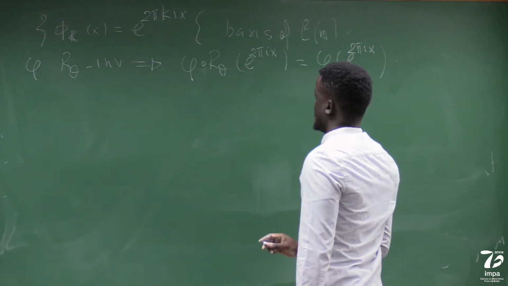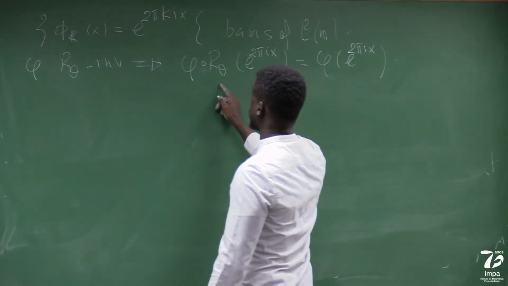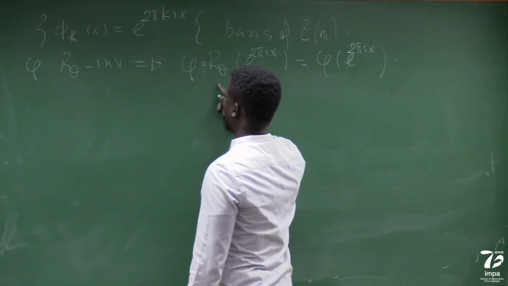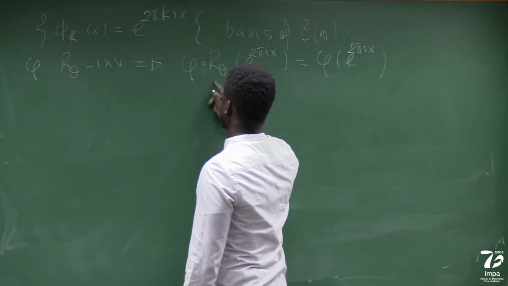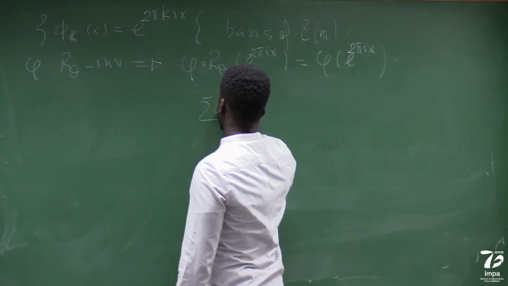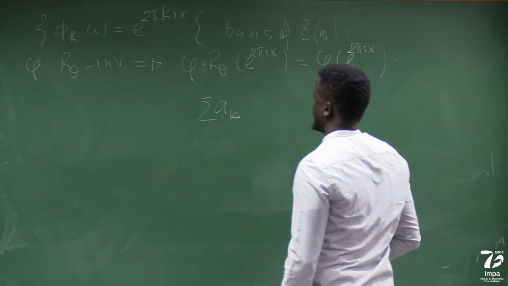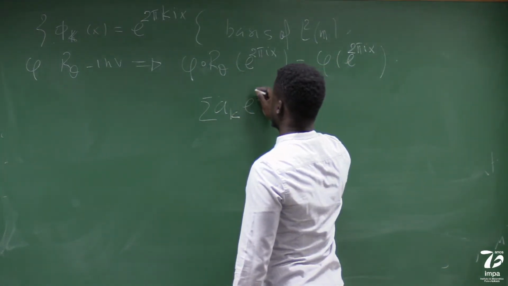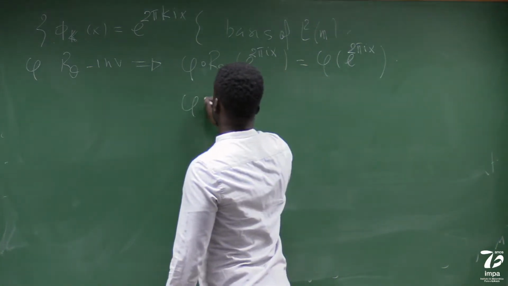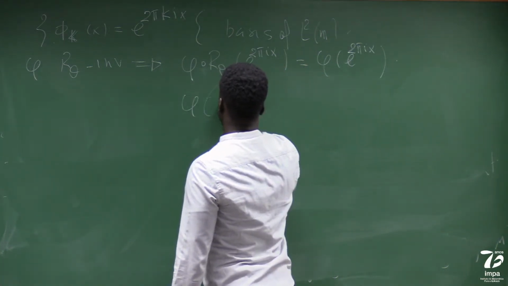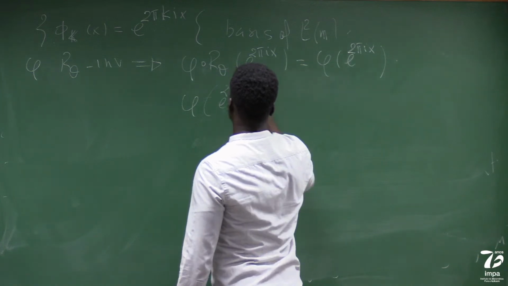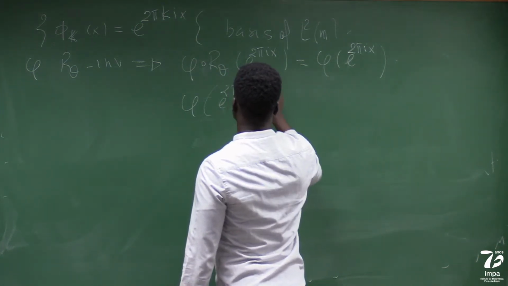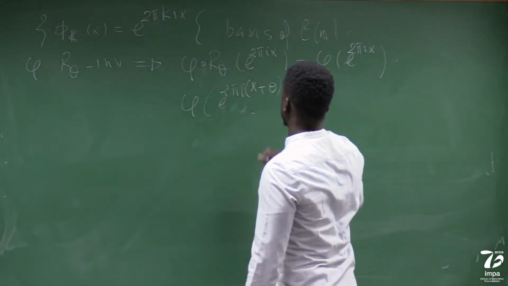Okay, and this you can write as a sum of a_k exponential. When you apply R_theta here, it is, so let me do it like this before, e^(2 pi i (x plus theta)).